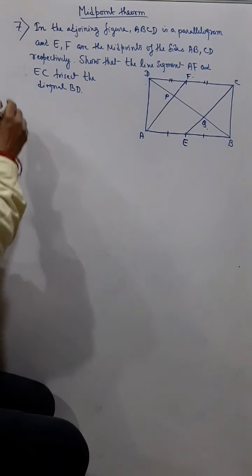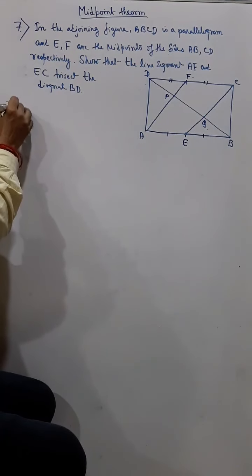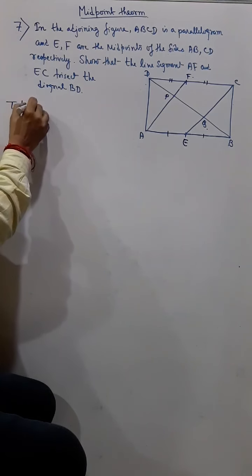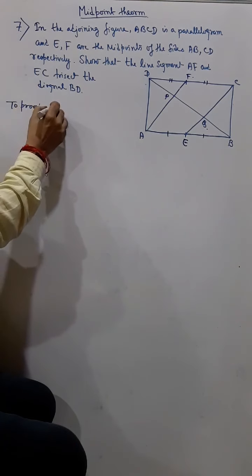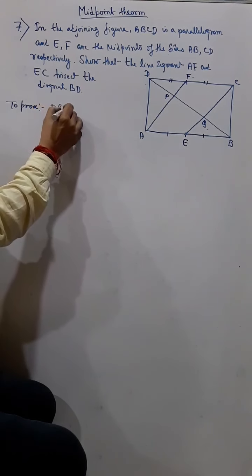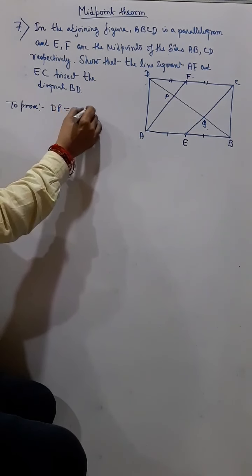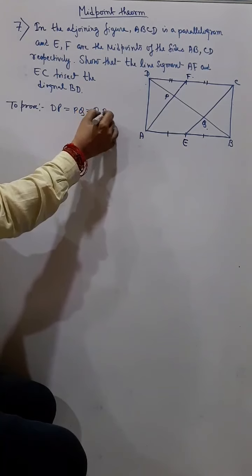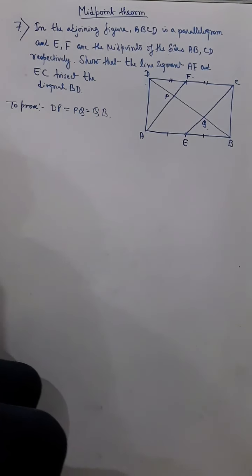So that means we have to prove DP equals PQ is equal to QB. So that is what we have to prove. That is the meaning of trisection.